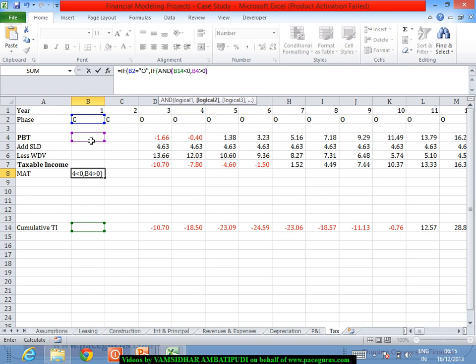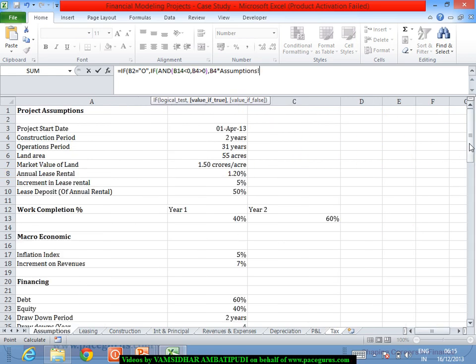When these two rules are met, I will pay the MAT on my PBT. So I will pay on the PBT the MAT percentage, minimum alternative tax.